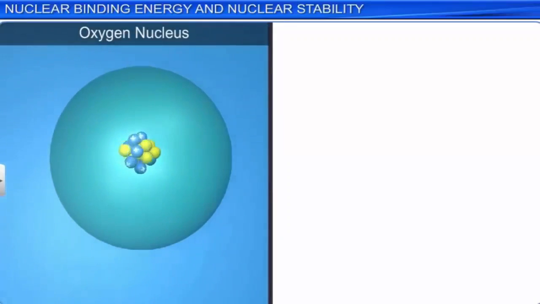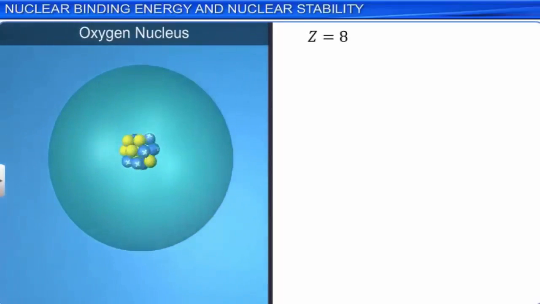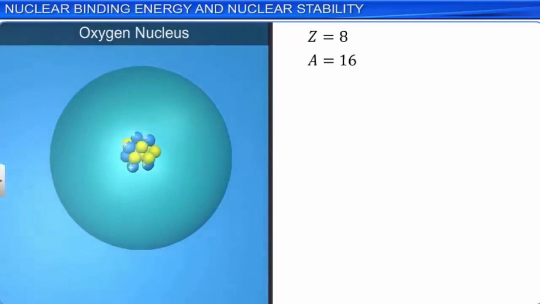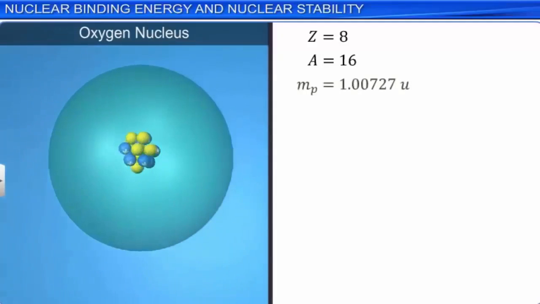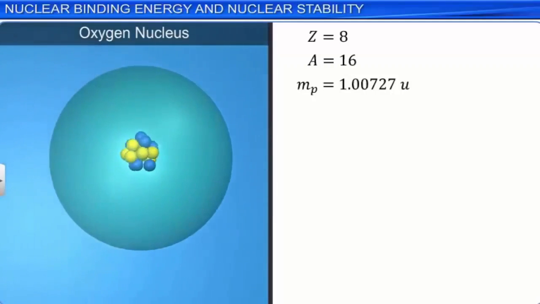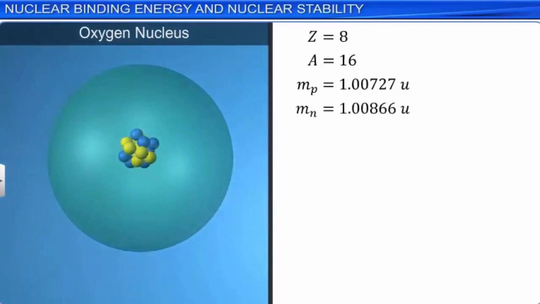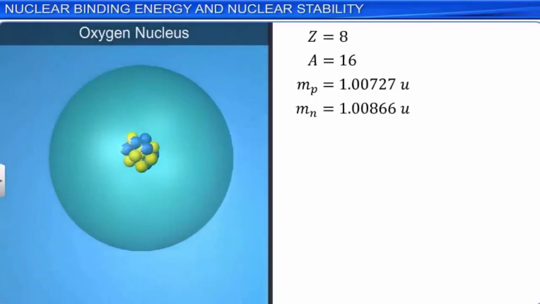The mass of each proton is Mp equal to 1.00727 AMU. The mass of each neutron is Mn equal to 1.00866 AMU. And that of an electron is Me equal to 0.00055 AMU.